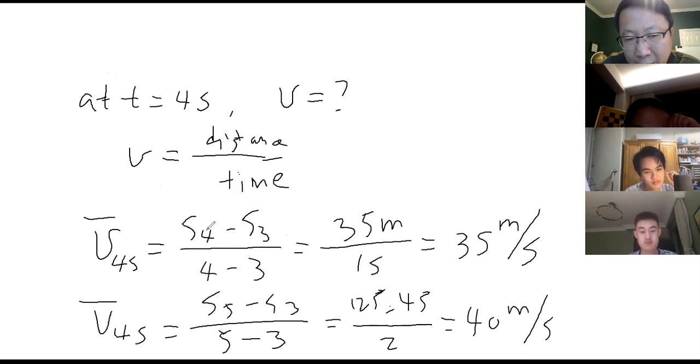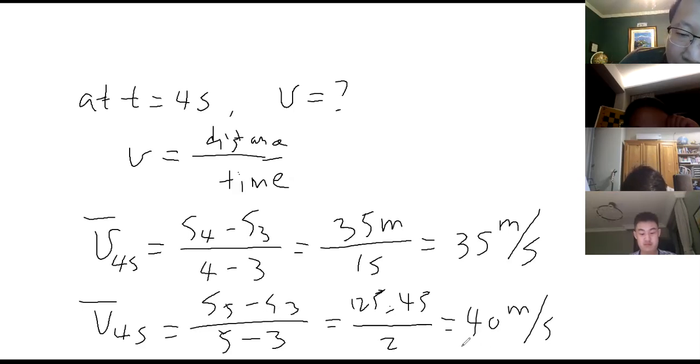Within 1 second, I traveled 35 meters, so I came out with 35 meters per second. However, if I use 2 seconds around 4 seconds, s at 5 seconds minus s at 3 seconds, I came out with 40 meters per second.